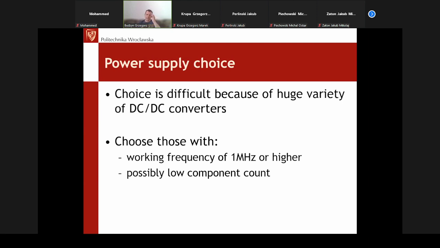Very high frequency means the necessity to use better components, but 1 megahertz today is not a problem unless you want to build a supply delivering 100 watts plus.